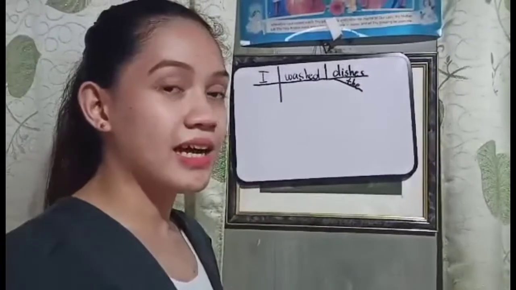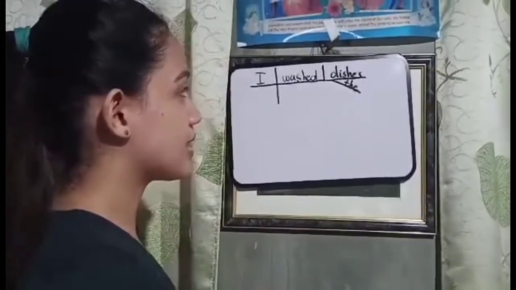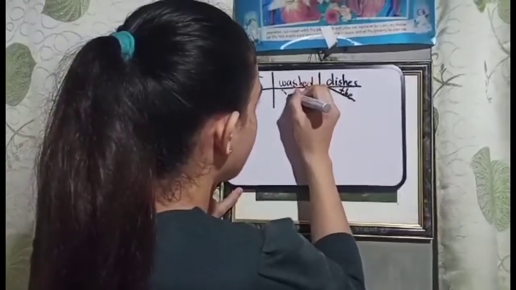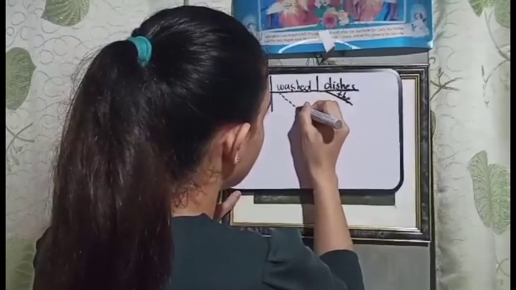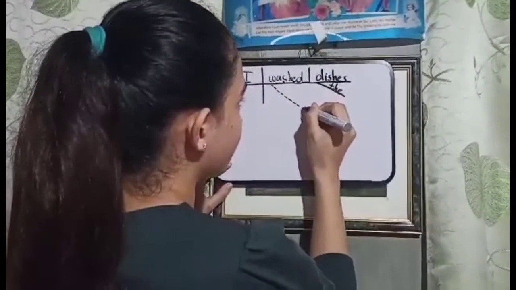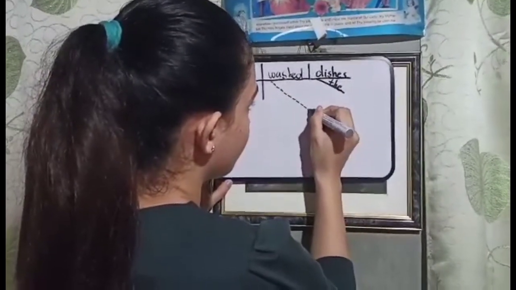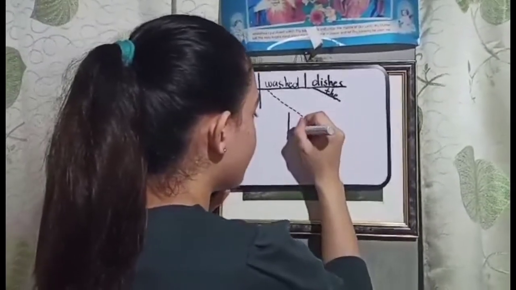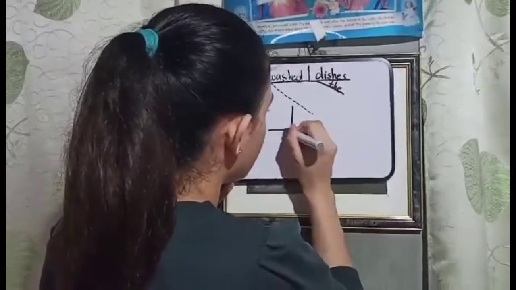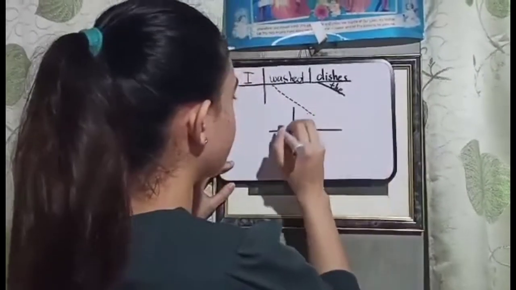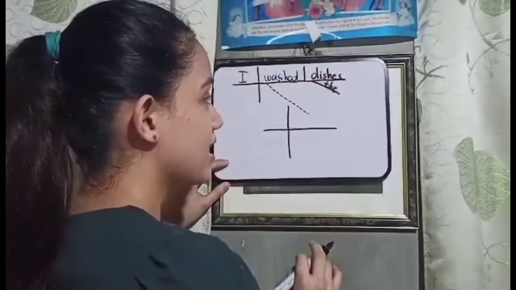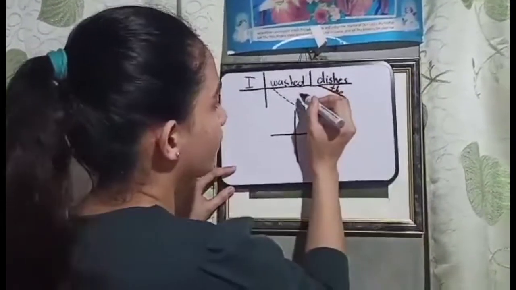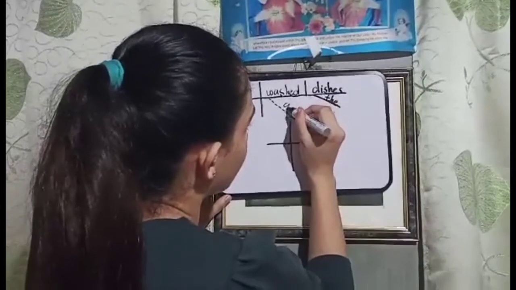To connect the second clause, which is the dependent clause, we need to draw a broken line here. Draw a vertical line and a horizontal line. I wash the dishes. After, the subordinating conjunction, will be right here.